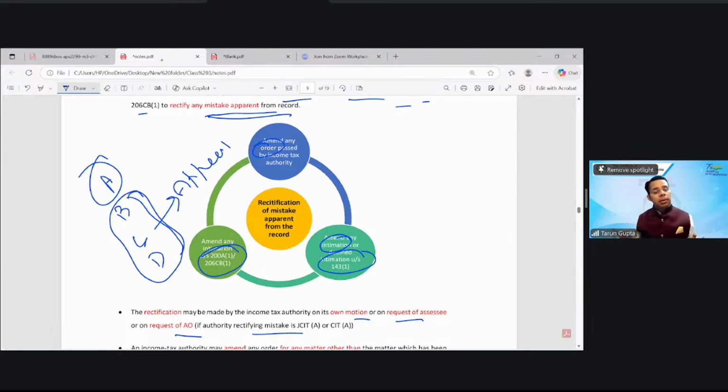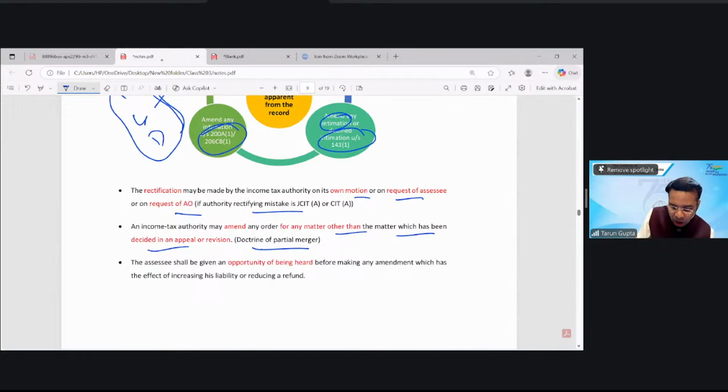The appeal authority shall see them, whether there is a mistake or not. But any other matter which is not before the appellate authority can be rectified. Okay. So there is a doctrine of partial merger. An income tax authority may amend any order for any matter other than the matter which has been decided in any appeal.